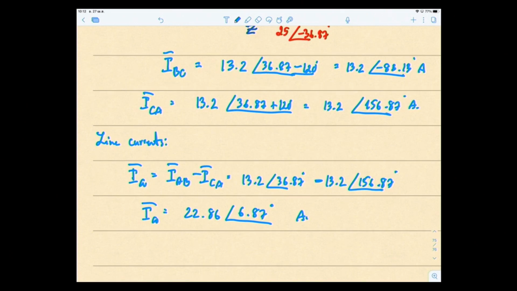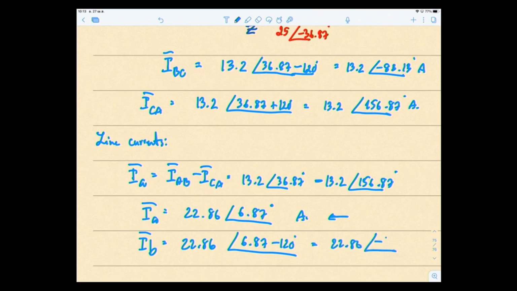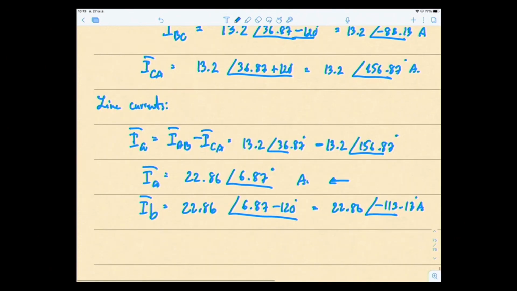So if you know the first one, you can find the answer for the rest of the currents, IB and IC, because the amplitude is the same. IB would lag behind IA by 120 degrees, so 6.87 minus 120 degrees, equal to 22.86 angle minus 113.13 amps.